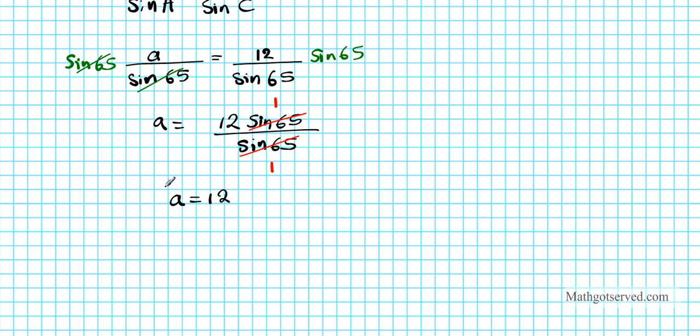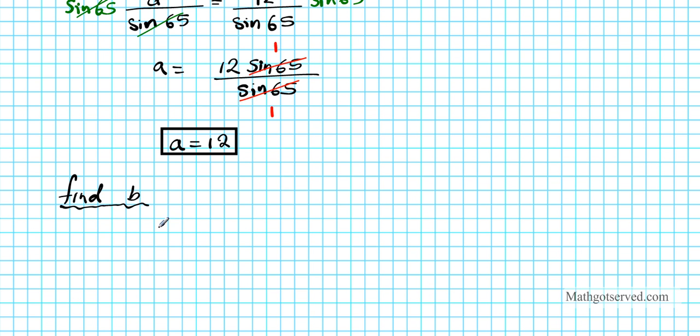Now we need to find the other side, namely little b. So let's go ahead and do that. So we're going to find little b. To do that, we are going to use the law of sines again because we have a pair that we know. So I like to start off with what I do not know, which is little b.